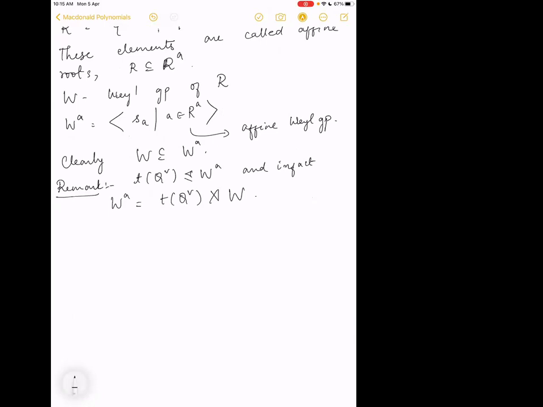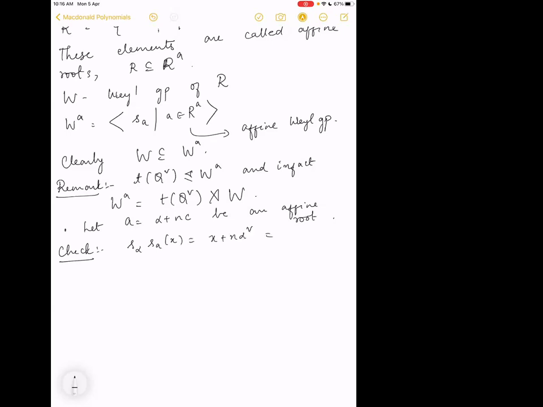Let A, say alpha plus nC, be an affine root. Then you can check easily by the formulas that we wrote down that s_alpha times s_A of x is basically x plus n alpha check.